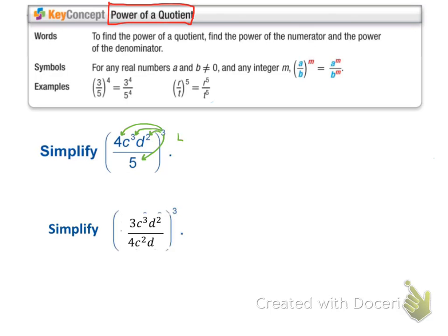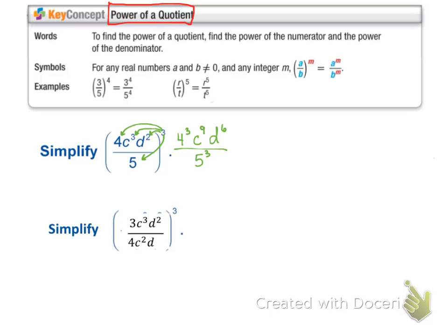So that gives me 4 cubed, c cubed cubed, that's a power to a power. So I multiply, c to the 9th, d squared cubed, again multiply, 2 times 3, 6, over 5 to the 3rd.